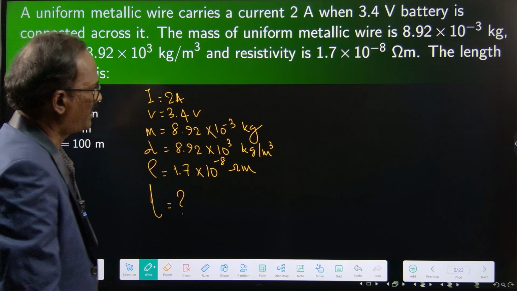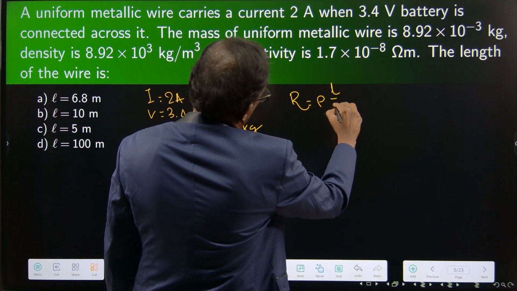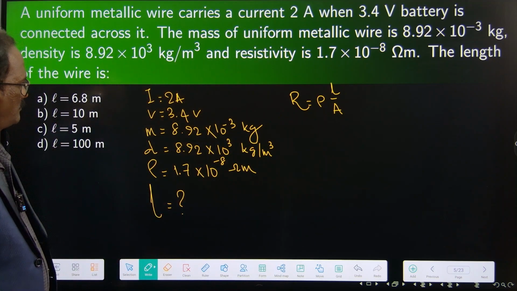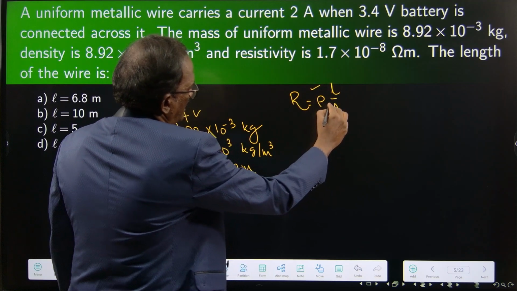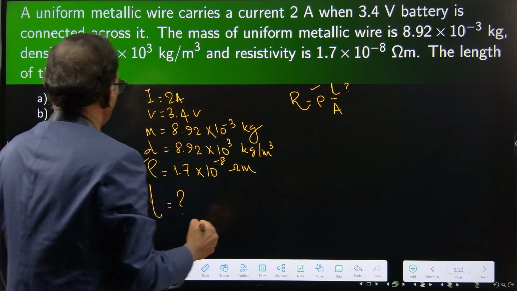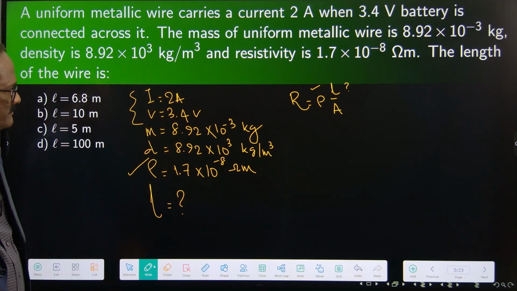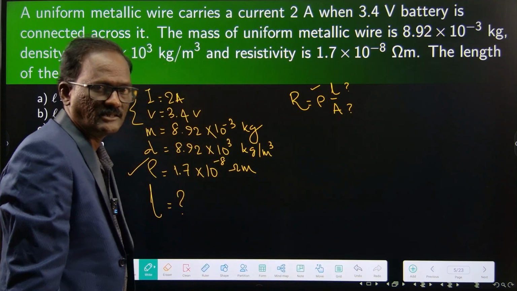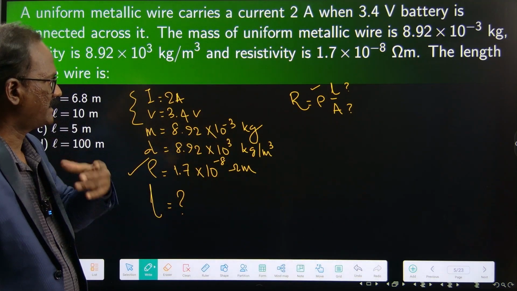So we have the formula R is equal to rho L by A. Rho is given, the length of the wire is in question, and R is also available as V by I. Once the area of cross section is found, we can find the length.